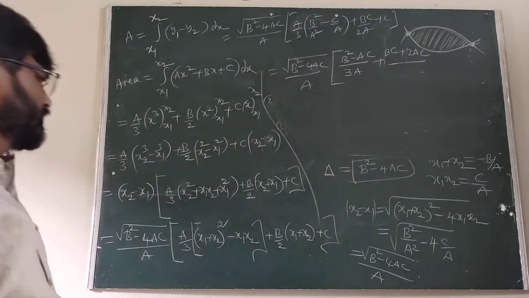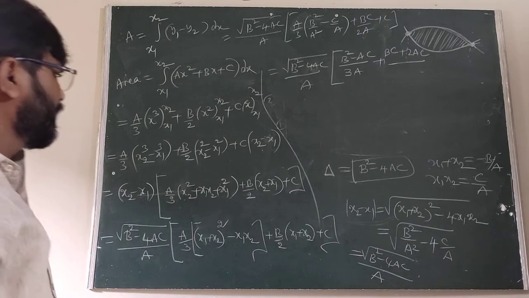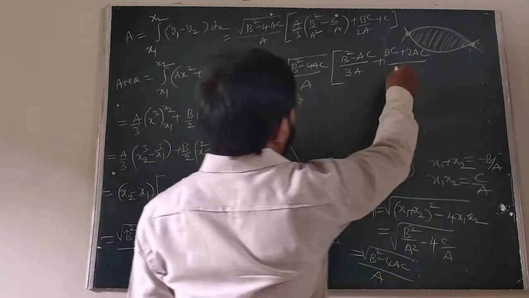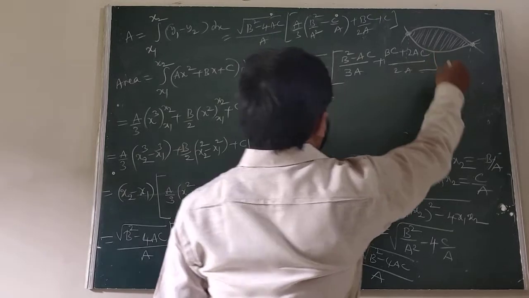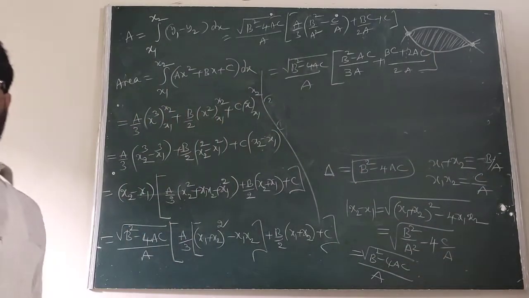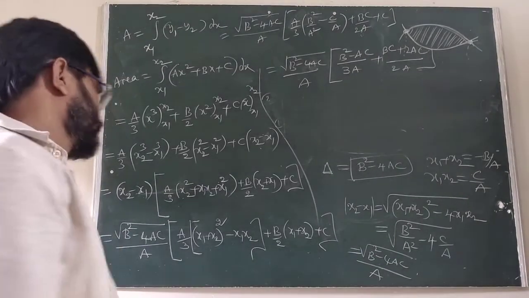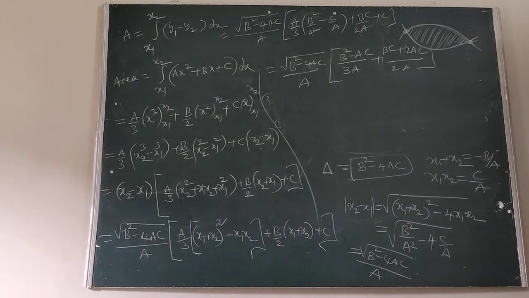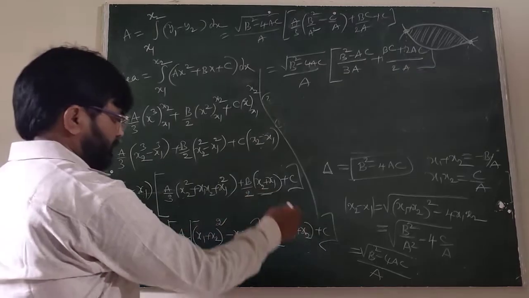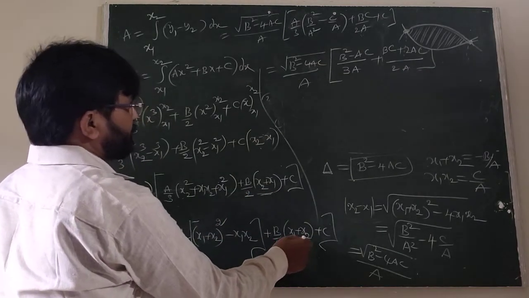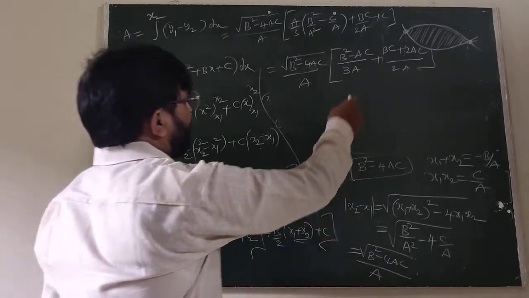2ac by 2a. Okay. Dear student, here we make a small mistake. This is the x1 plus x2. Yes, the x1 plus x2 we can write here.